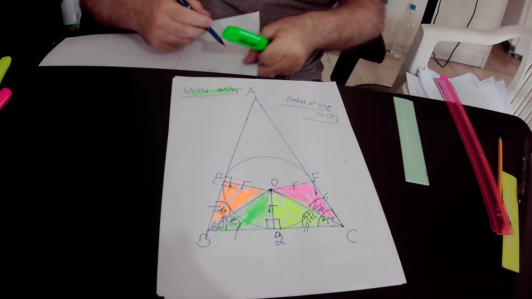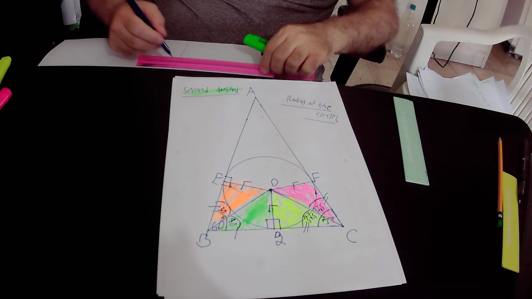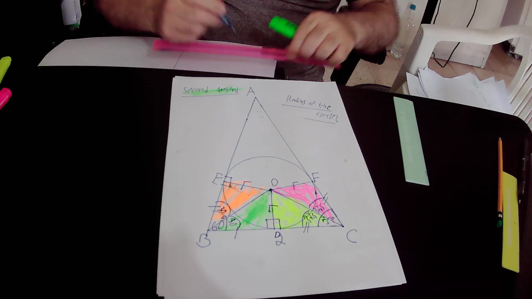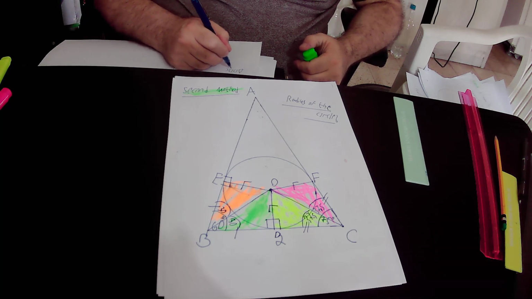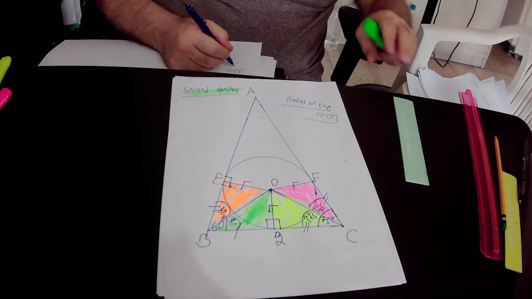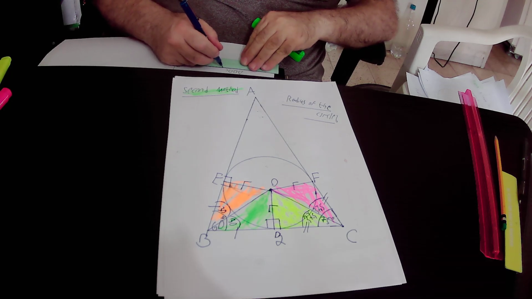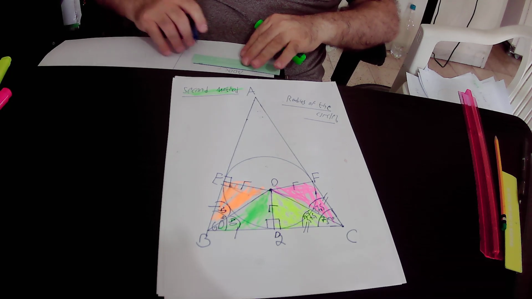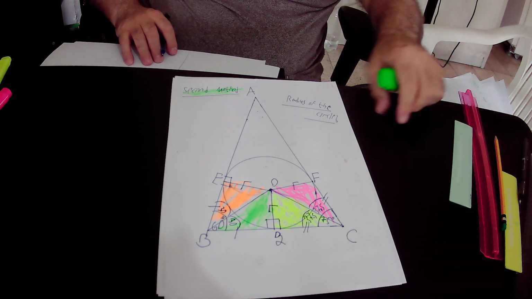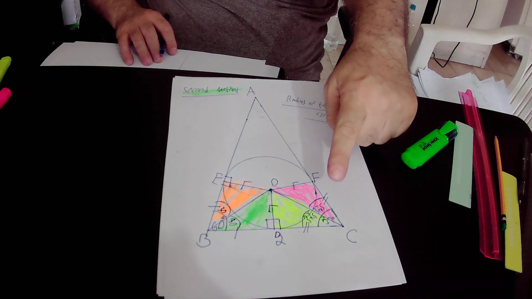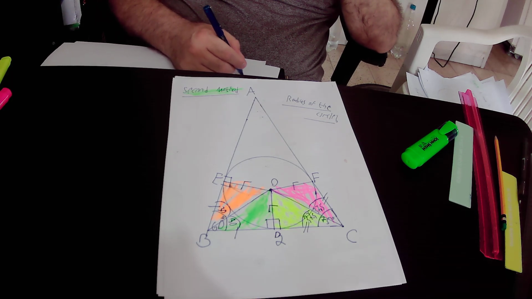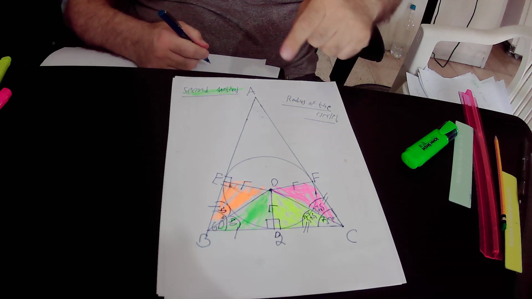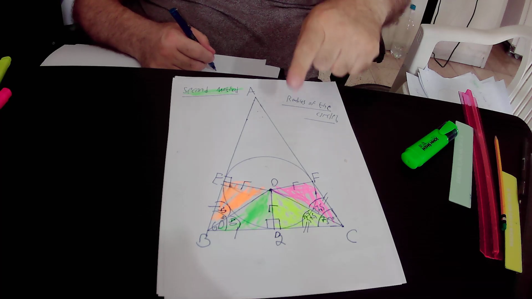In the yellow triangle ODC, tangent 37.5 degrees is equal to OD over DC.